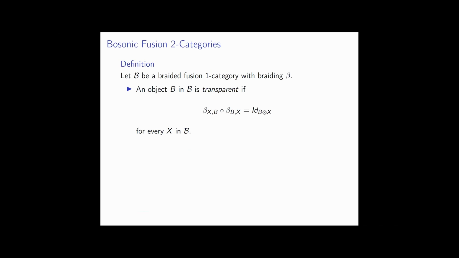If you have a braided fusion one category with some braiding beta, there's a notion of a transparent object. An object B is going to be transparent if it double braids trivially with any other object in the braided fusion category. It's some kind of center, trying to detect whether an element is central. That's how you should think about this.